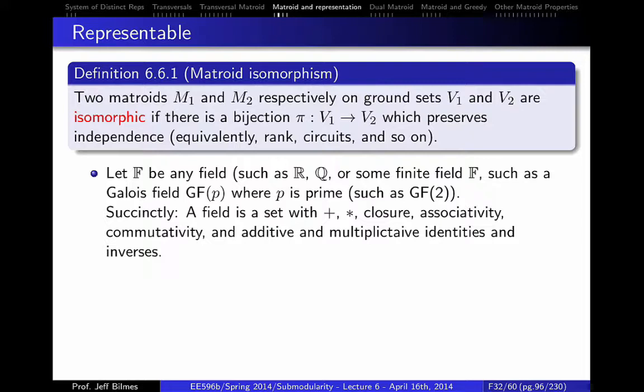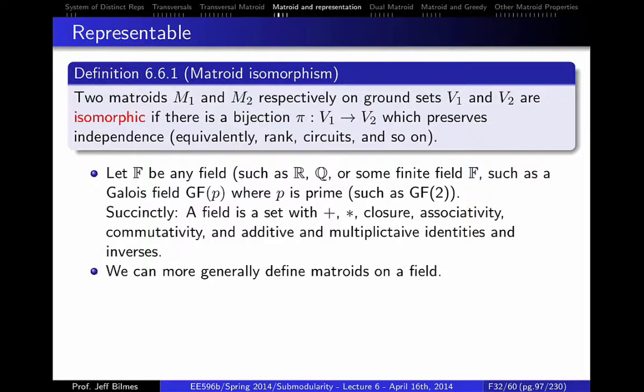And the question is, by restricting the field within which the matrix is defined, does that somehow restrict the resultant matroid? The matrices that we've been defining use the reals. But what if we use GF2? Can that represent anything? And there's also something else in a matrix: the dimensionality of the vectors, whether or not you can do this with bounded dimensional or infinite dimensional vectors.